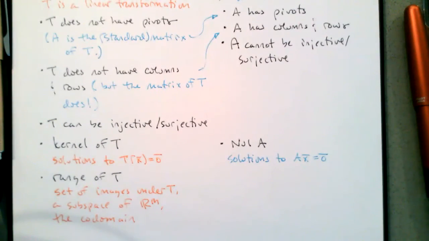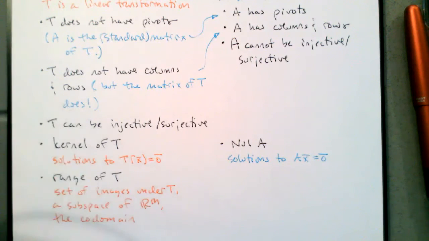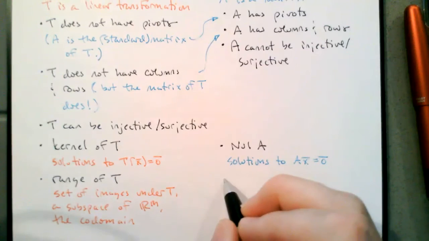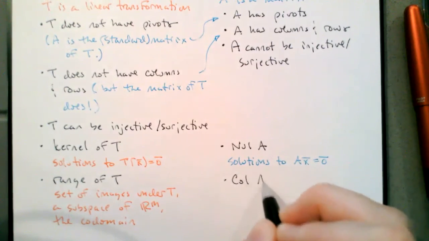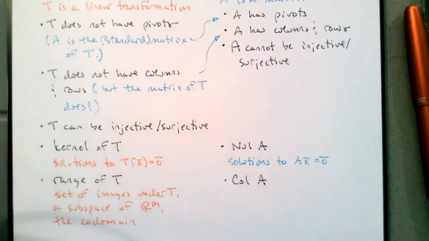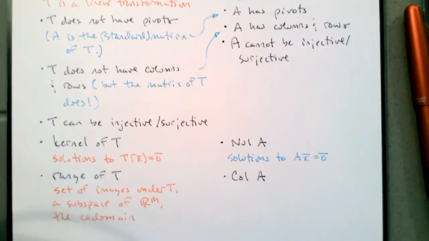But we wouldn't want to talk about the range of A because A is a matrix and not a transformation. However, we could talk about the column space of A, which is the set of all linear combinations of the columns of A, which is a subspace of Rm. We wouldn't want to refer to Rm as the codomain of A because domain and codomain are things that belong to the transformation, not the matrix.